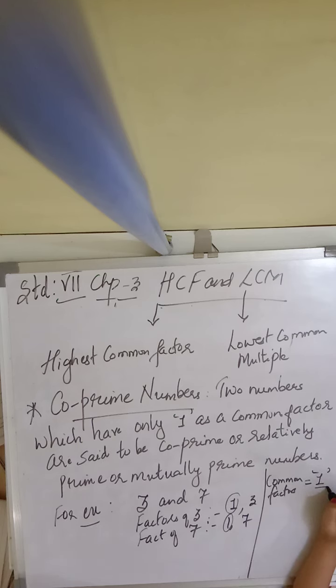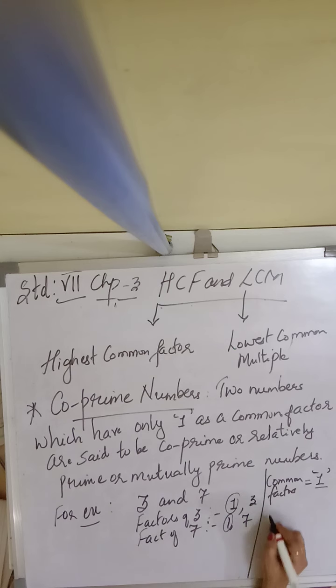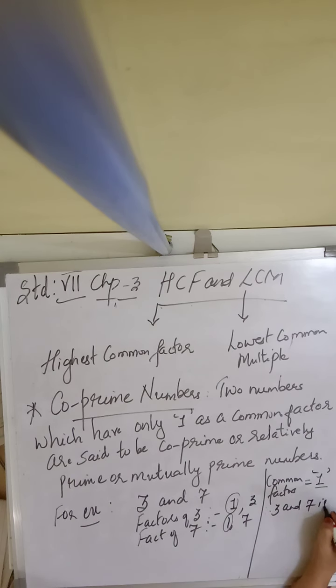If there were one more number common, then that would not be a pair of co-prime numbers. Since only 1 is a common factor between the two terms, we can say therefore 3 and 7 is a pair of co-prime numbers.